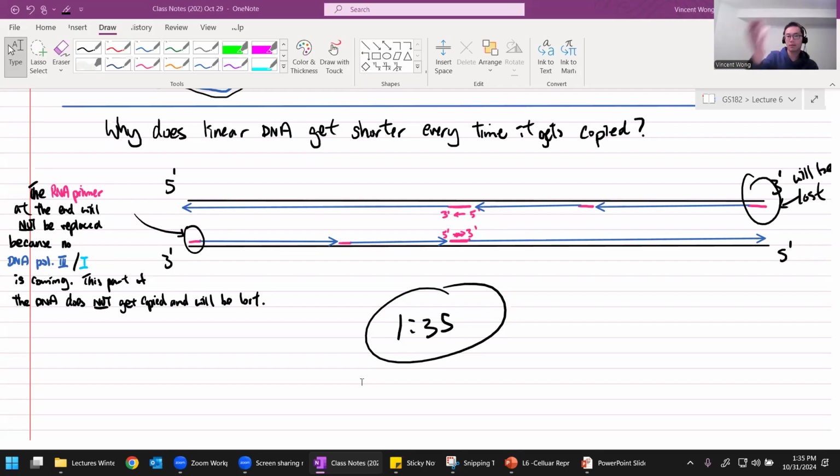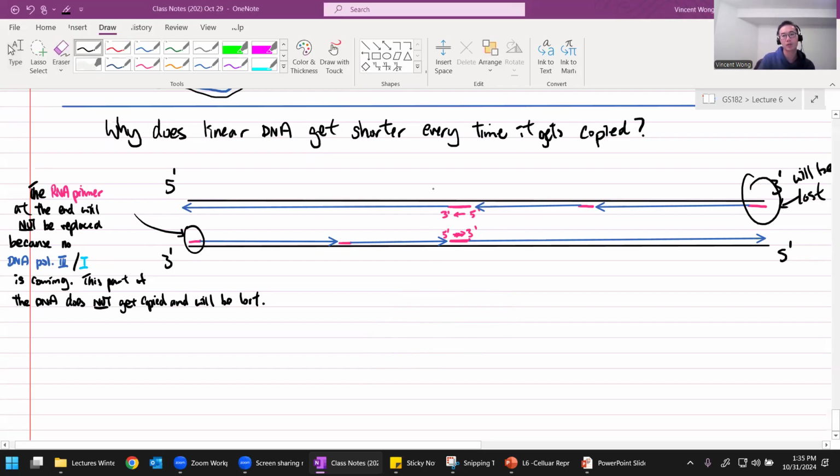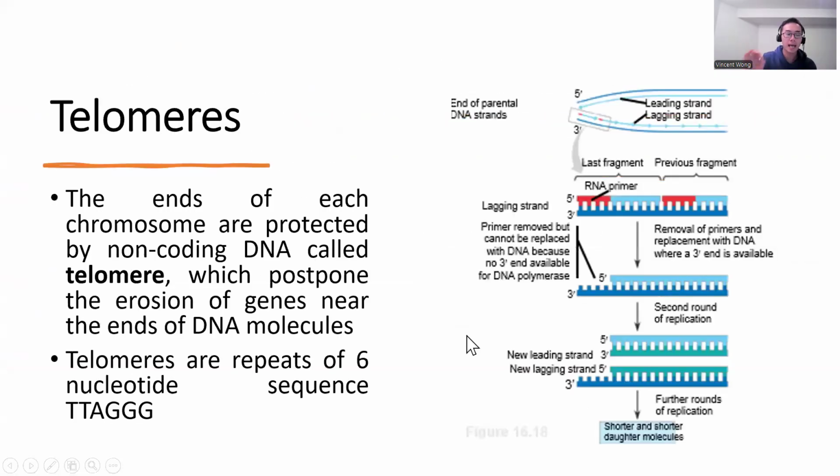So what kind of mechanisms are there in place to prevent the negative effects of this erosion that happens every time we try to copy our DNA? Well, it turns out located at the ends of each chromosome, and we have 46 chromosomes in total, we have these non-coding DNA sequences called telomeres.